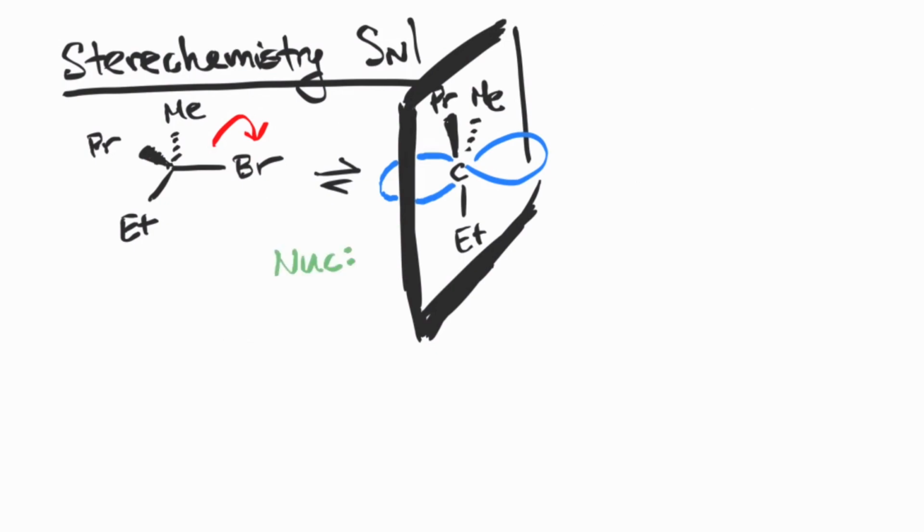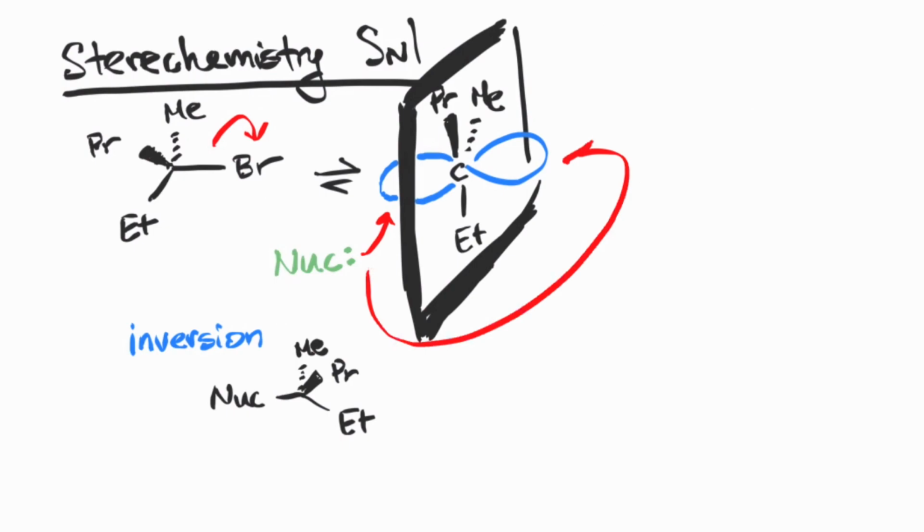For example, this nucleophile can come in on the back side, much like that of an SN2 reaction, and give us one product, what we are familiar with as it is the inversion product, similar to the SN2 reaction. Or it can come from the front side of the molecule, giving us a molecule that has the same geometry as our starting material.